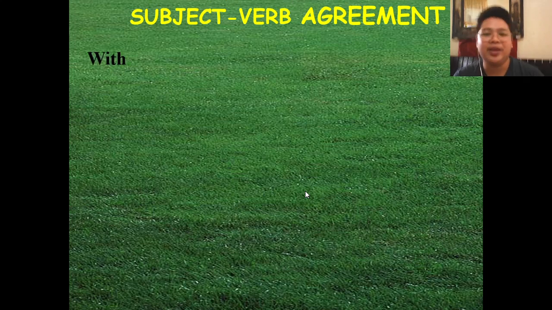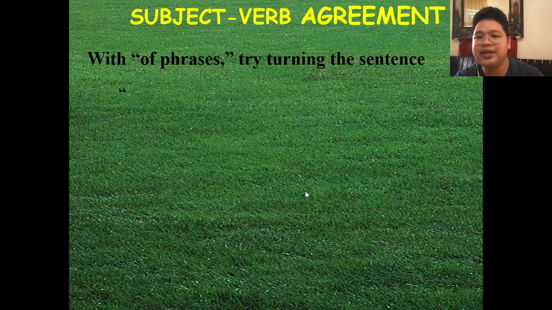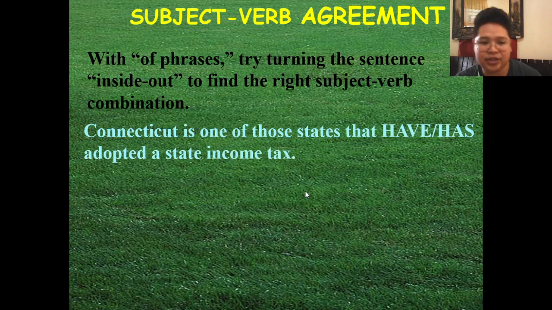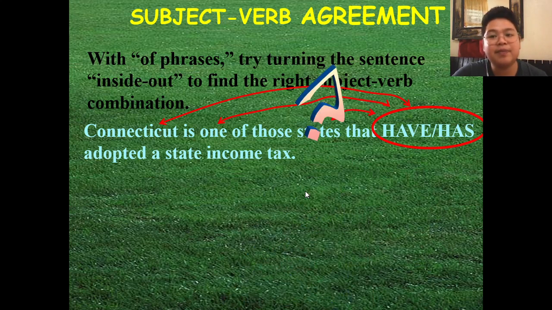With of phrases, try turning the sentence inside out to find the right subject-verb combination. Example: Connecticut is one of those states that have or has adopted a state income tax. So Connecticut is just one, and the verb that we have to use is have or has.